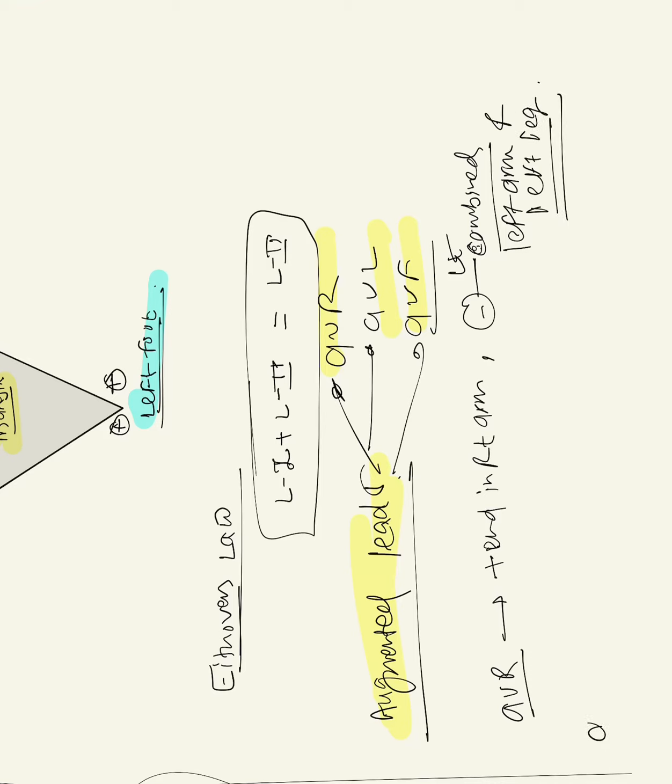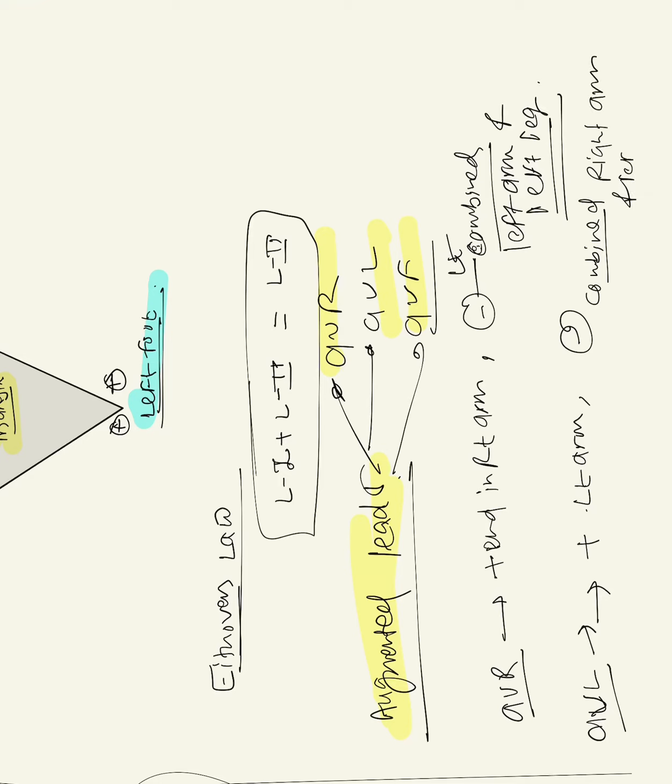That is AVR. AVL is positive in the left arm and negative is the combined right arm and left leg.